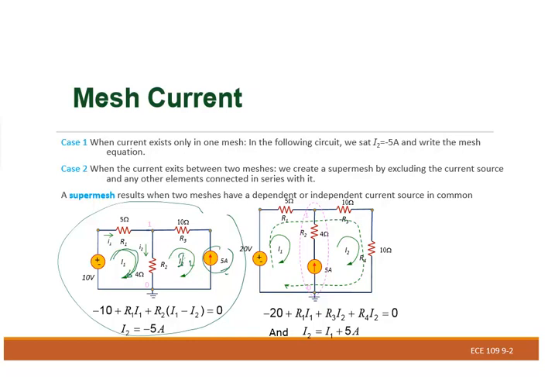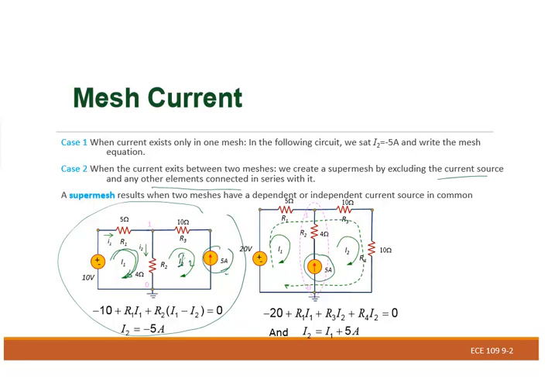Case 2 is important. In this case, when the current source exists between two meshes, that's different. We need to create a super mesh that excludes the current source and any other element connected in series to the current source. When we look at here, there is a 5 ampere current source between two meshes.